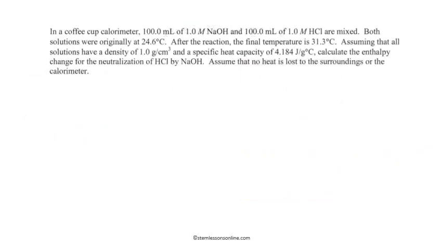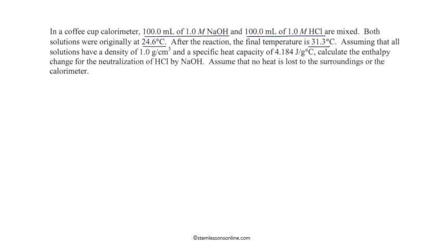Okay, let us see an example here. In a coffee cup calorimeter, 100 milliliters of 1 molar NaOH and 100 milliliters of 1 molar HCl are mixed. So we are finding the heat of neutralization here, or heat of reaction, okay? Both solutions were originally at 24.6 degrees Celsius, and after the reaction, the final temperature is 31.3.